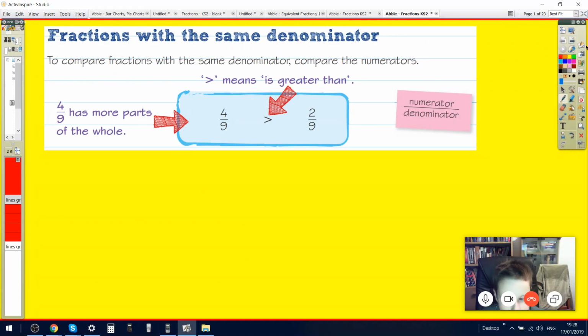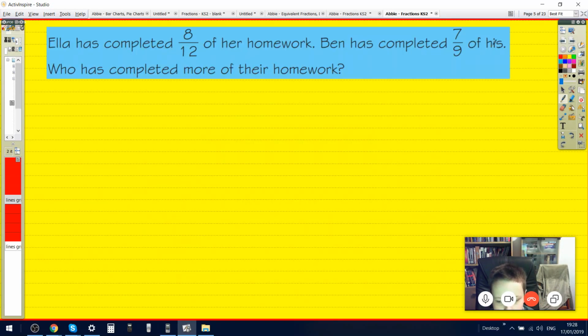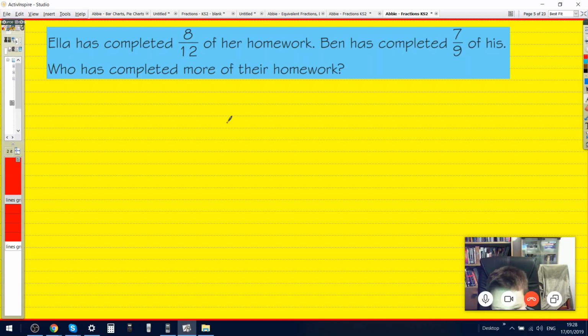So it might not be the lowest common denominator, but it will give you a common denominator. So you would times 9 and 12 together, which would get you 108. Okay, well done.